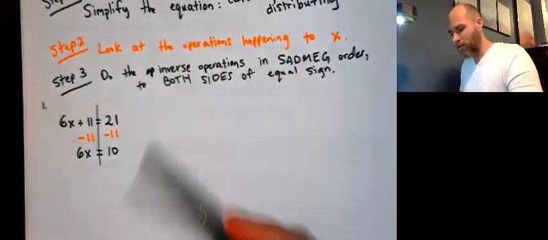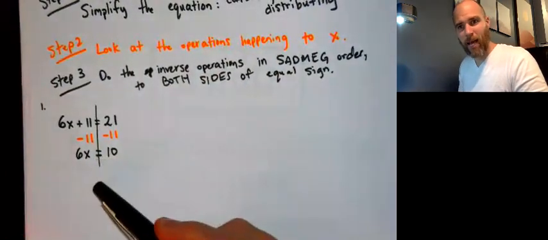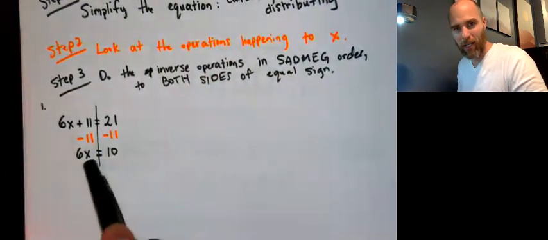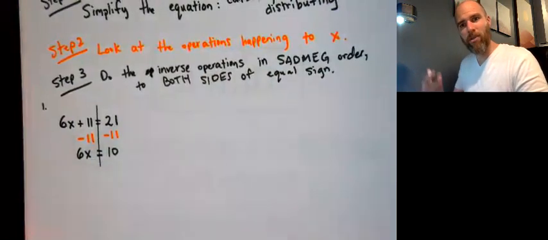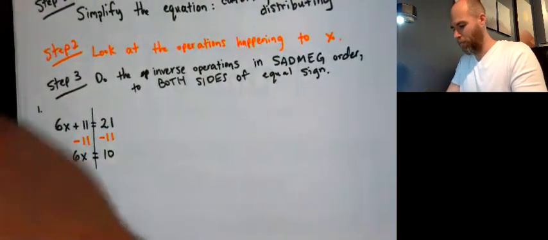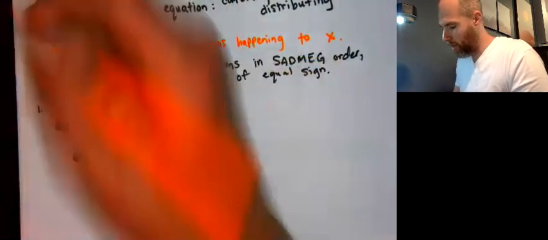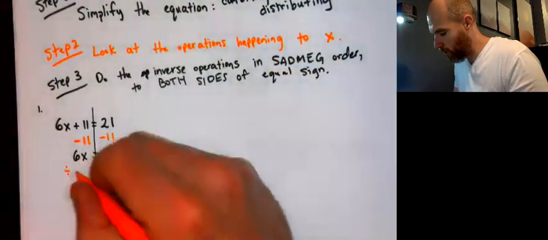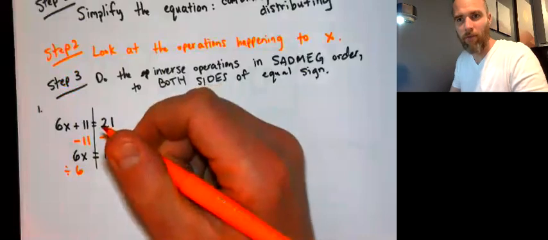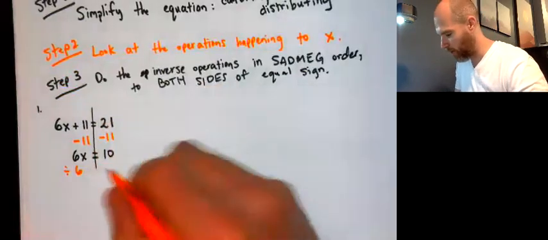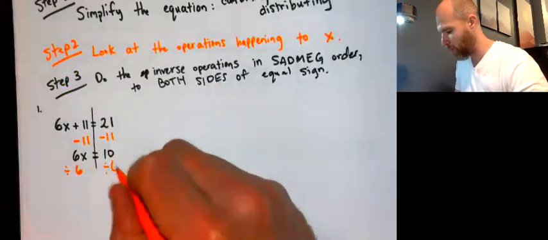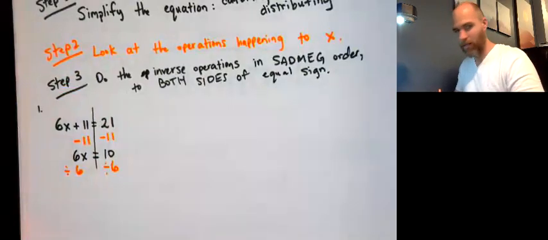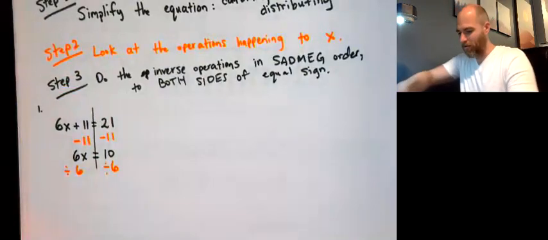All right, and so now my next step, because I have multiplication against my variable, I want to use the inverse operation. I'm going to divide by 6. You can use a division symbol, or you can use a fraction bar. Both of those are okay right here. You almost should think about this as a fraction, right?